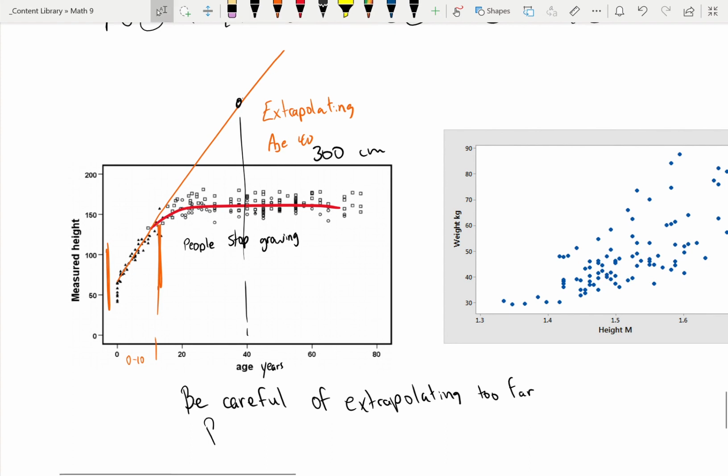You can think of this as trying to predict future events. So for example, if you're trying to predict what's going to happen tomorrow, you can probably be pretty certain that it's going to be kind of like today. But if you're trying to predict what the world's going to be like in 50 years, then it's much harder to make that prediction. The same thing goes for a lot of these graphs. What might be a linear relationship could turn into a different linear relationship.